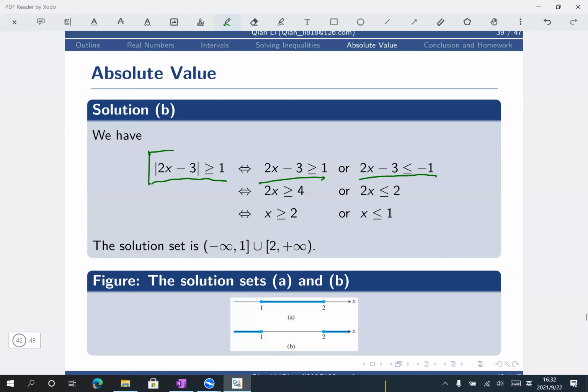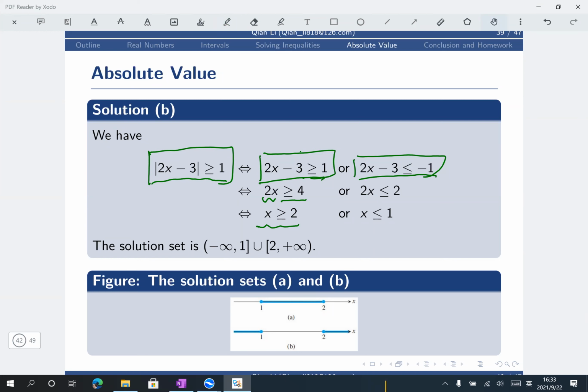From the first one, if we add 3 on both sides, we get 2x is larger than or equal to 4. Then if we multiply by 1 over 2 on both sides, we get x is larger than or equal to 2, right?